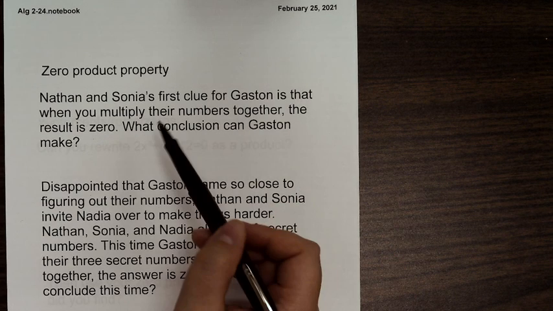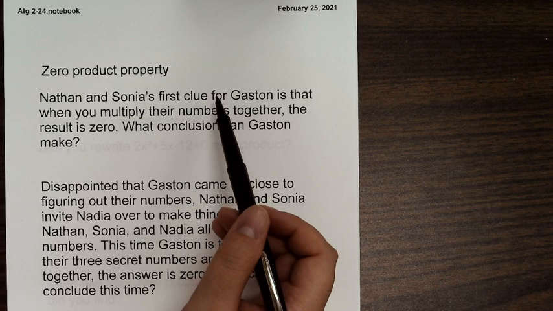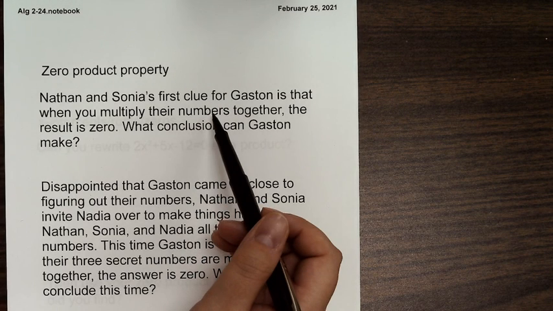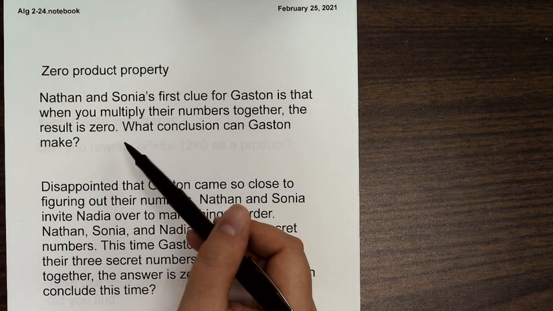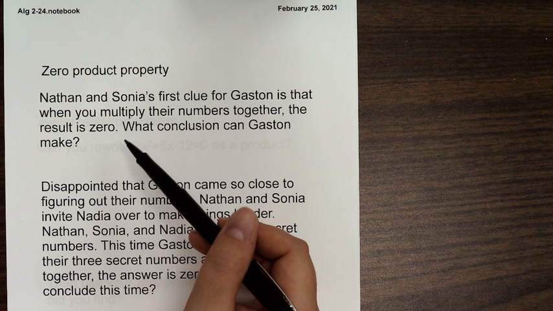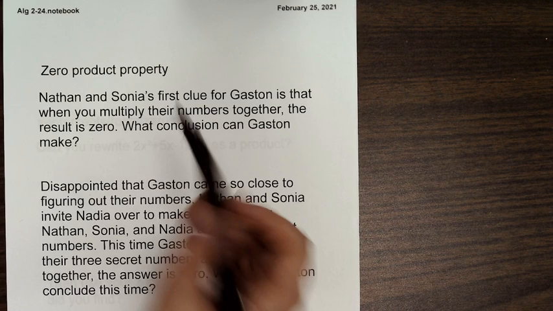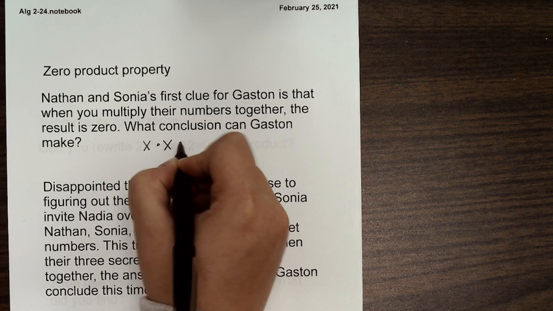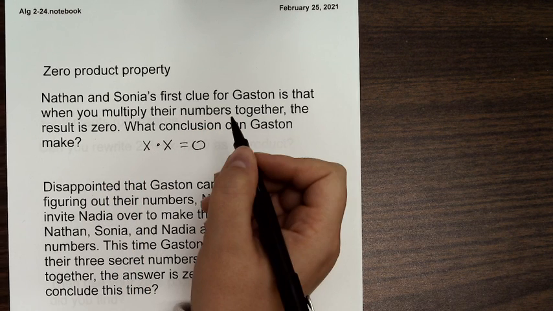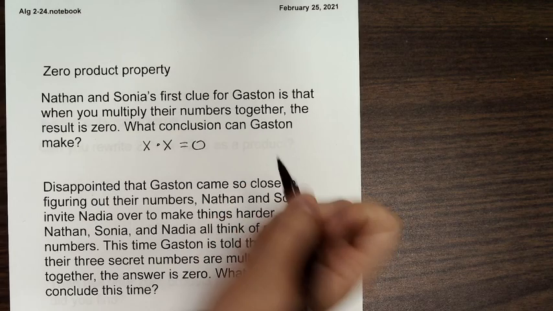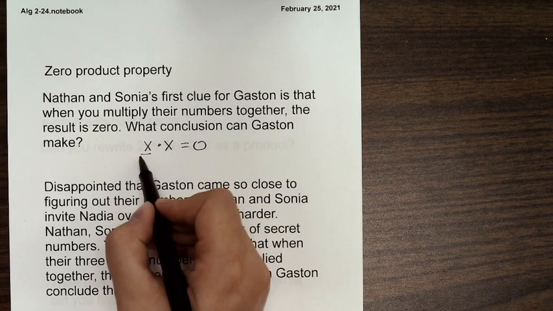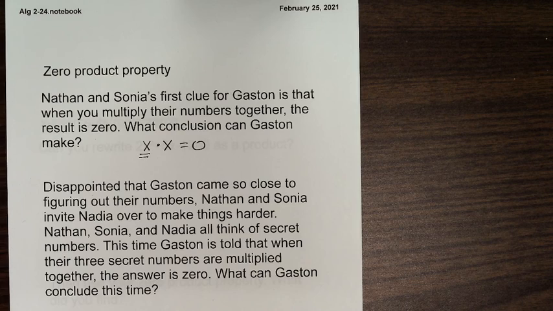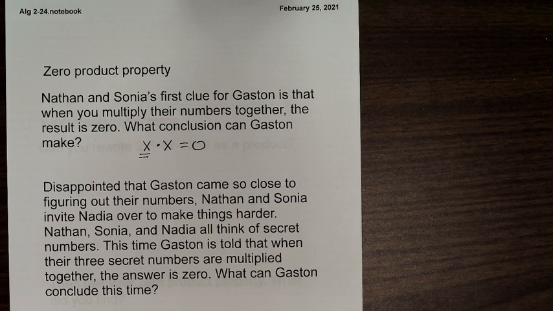So basically, if we have two numbers and you multiply them together and get an answer of 0, what can we assume? So if I take two numbers, multiply them together to be 0, that tells you that one of the numbers has to be 0 because that's the only way we can get 0.